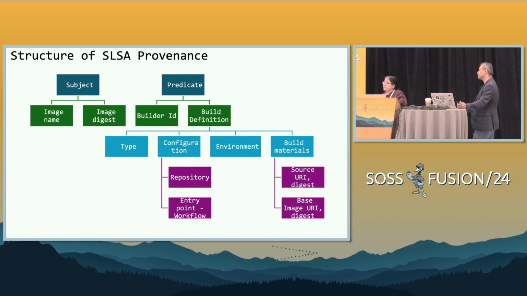Environment specifies the internal parameters and the resources the build platform used while performing the build. And build material is the source location of the source code, base images, or any other dependency that was picked for the build.